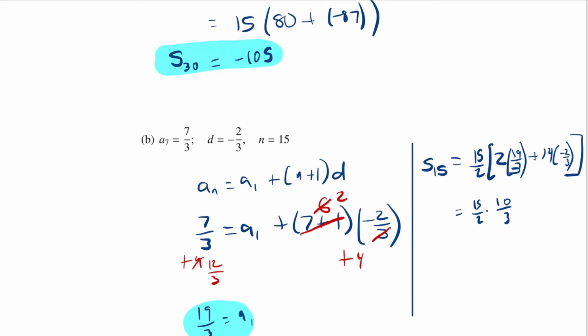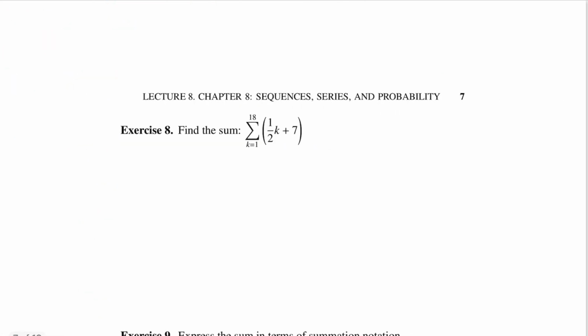Okay, the next problem says find the sum of this series. So in order to find the sum, we're going to substitute 1 in for k. So that's going to be 1/2 plus 7. Then we substitute 2. That's going to be 2/2 plus 7. Then we substitute 3. 3/2 plus 7. Keep doing that.